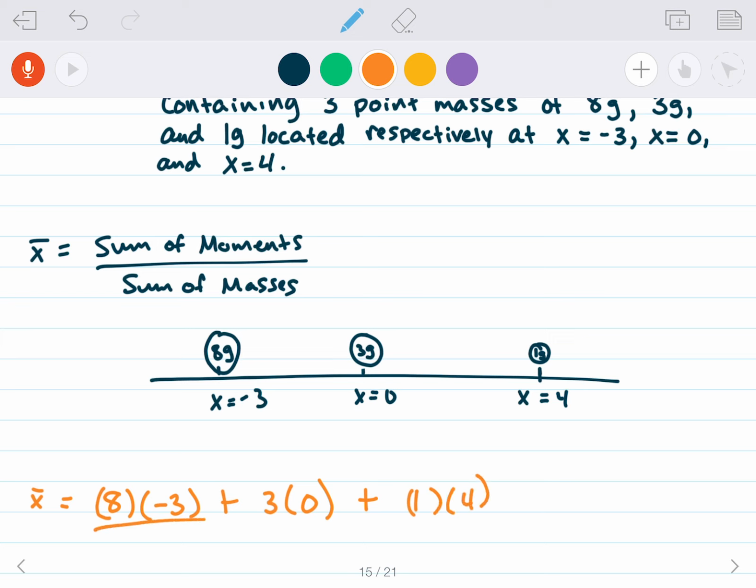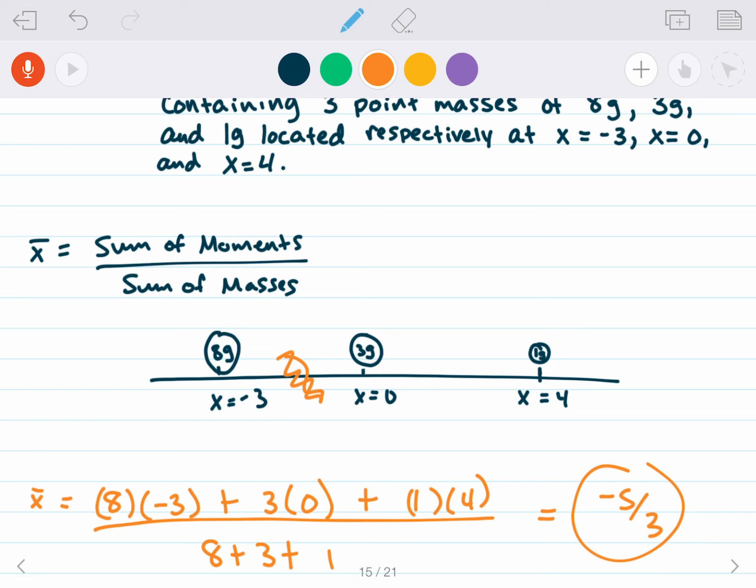And then we're going to divide this by the total mass. So 8 plus 3 plus 1. And what we end up getting here is -5/3, which indeed is within this region. Okay, so that's where we have to put the pivot point so that the system stays balanced. So -5/3 is our answer there.